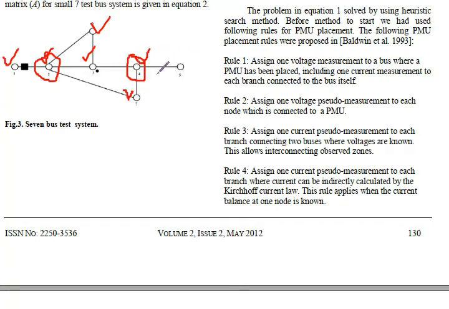This bus and the buses connected to it are this one, and this one is already observable. So you can see that all 7 buses are now observable with the help of 2 PMUs. One PMU is placed at bus number 7, and the second at bus number 4. So the observability of the system is 7.